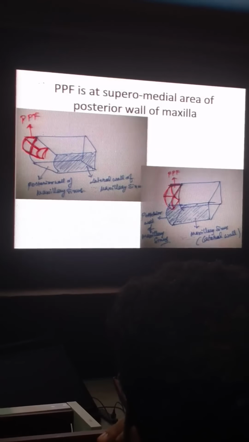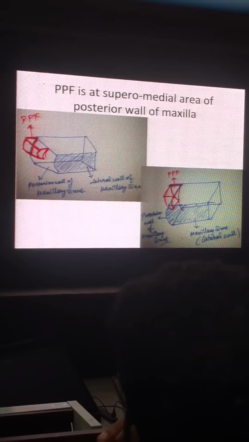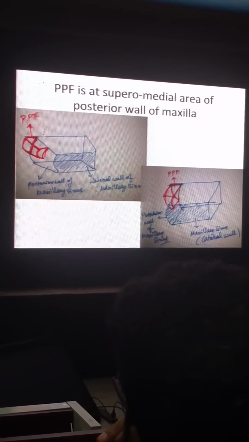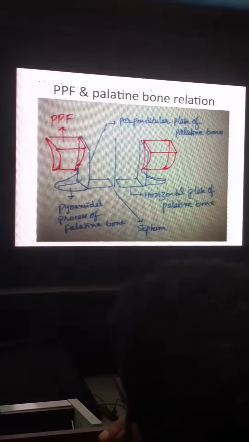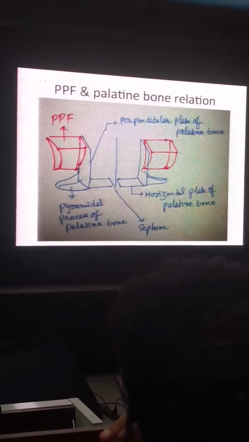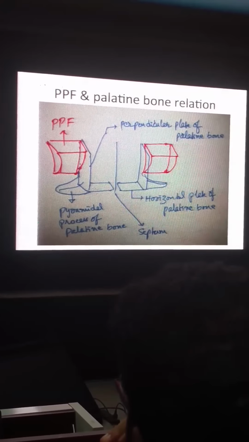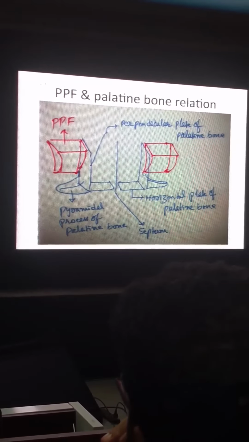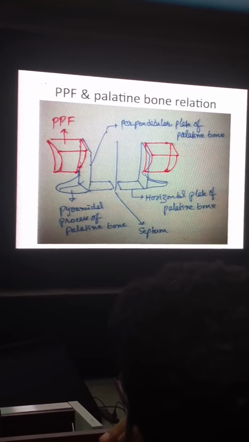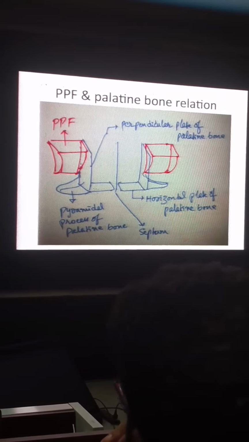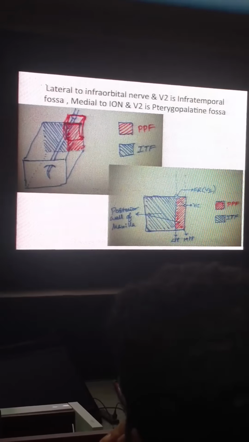We may think that the whole posterior wall, the medial half, is the pterygopalatine fossa, but only the superior medial part is the pterygopalatine fossa. And the inferior part is occupied by the pyramidal process of the palatine bone. So that is the relation between the palatine bone, the vertical perpendicular plate and horizontal plate and the pyramidal process, and that is the pterygopalatine fossa.